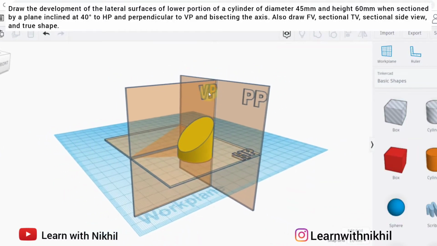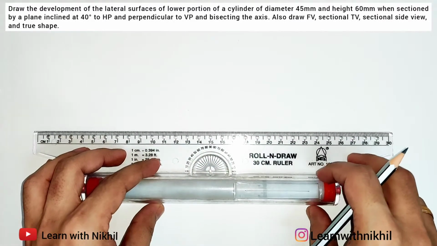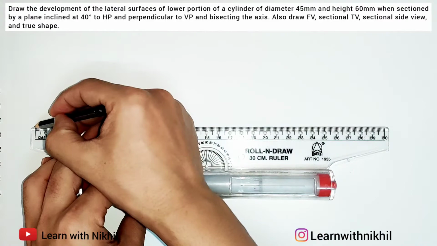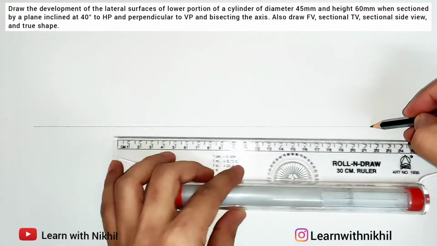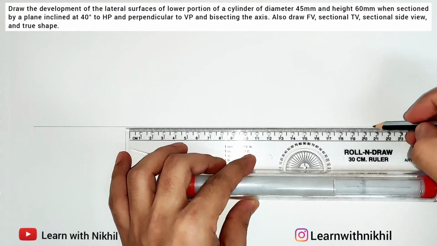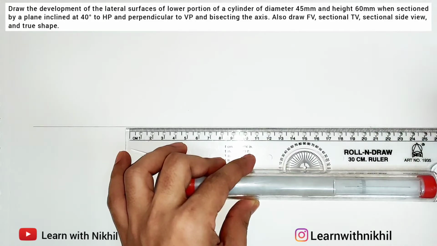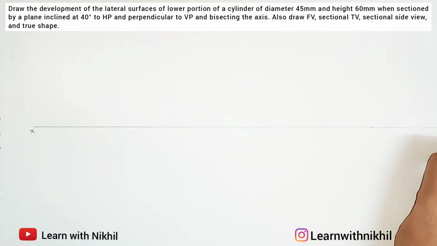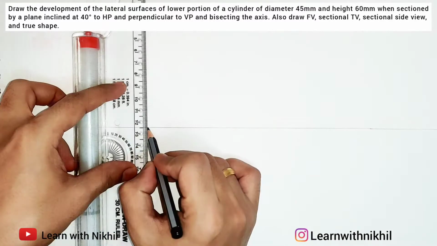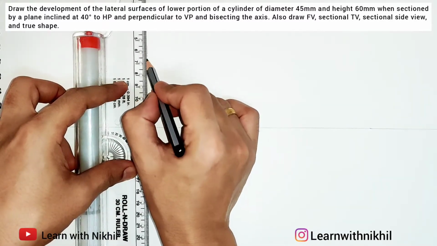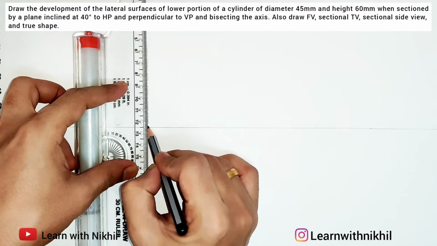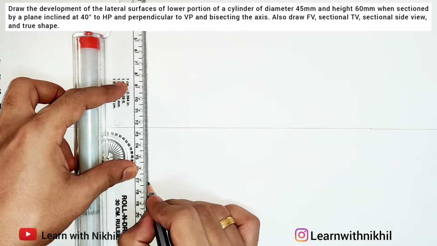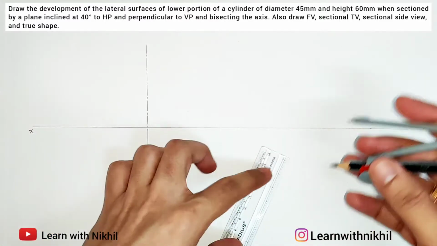So as we have seen this in 3D, now we'll construct this manually. So first I'll draw a vertical straight line. This will be the axis line. I'll mark this as X and Y. So this is X and Y. In the question, the cylinder is of the given dimension.